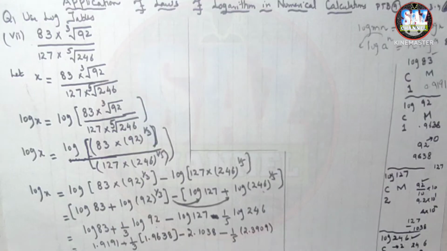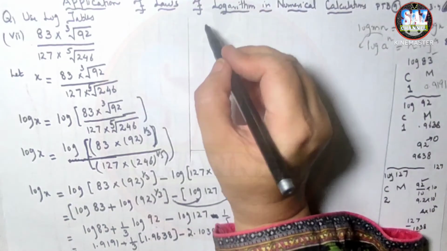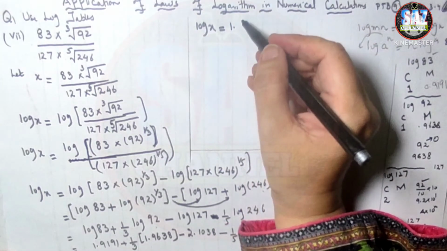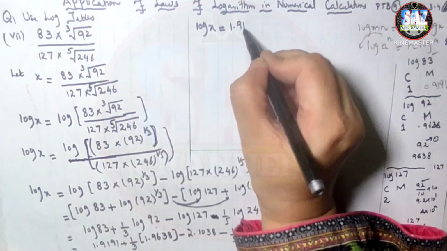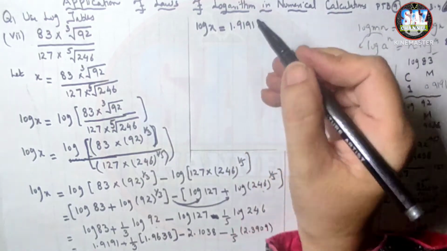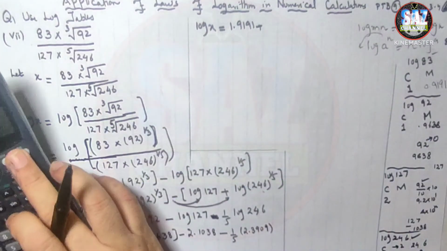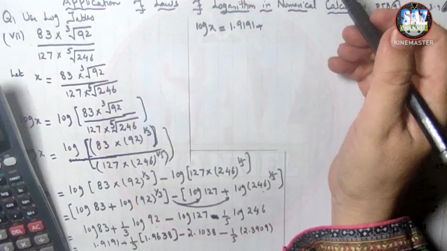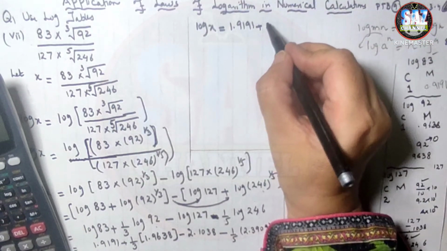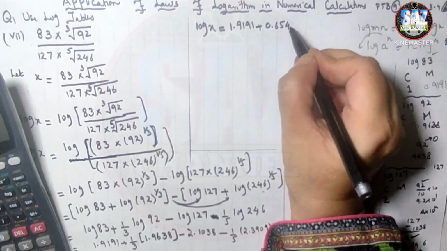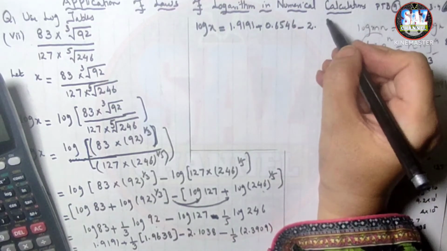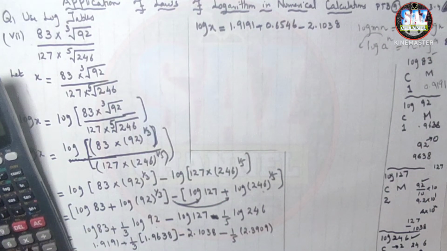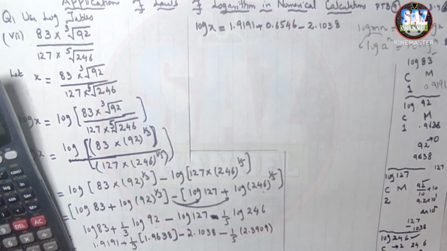So this will become 2.3909. Now let me go up: log of x equals 1.9191, and then I have to divide 1.9638 by 3. This gives me 0.6546, minus 2.1038, and 2.3909 divided by 5.